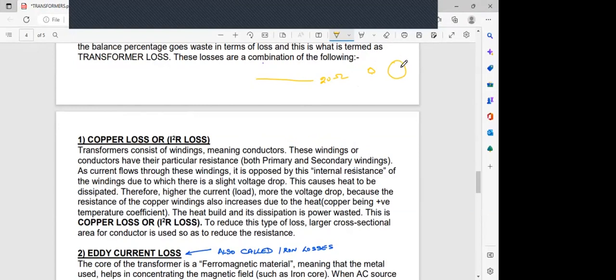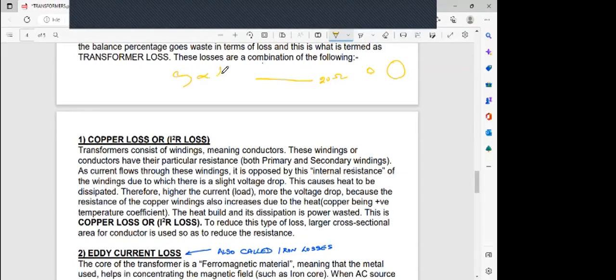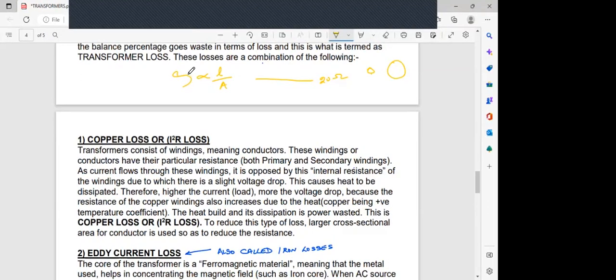So it depends on your cross-sectional area. If your cross-sectional area is more, your resistivity is decreasing. Resistivity rho is directly proportional to the length divided by area, and area here is cross-sectional area. So if cross-sectional area is going to increase, your resistivity decreases. And also depending on the length, if the length is very long, obviously your resistivity is going to increase.